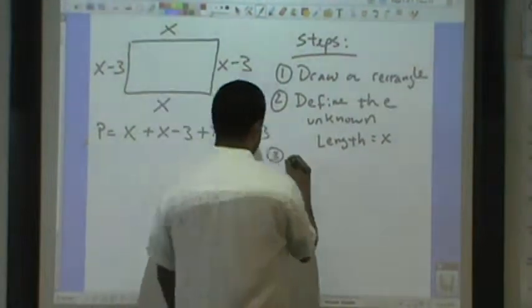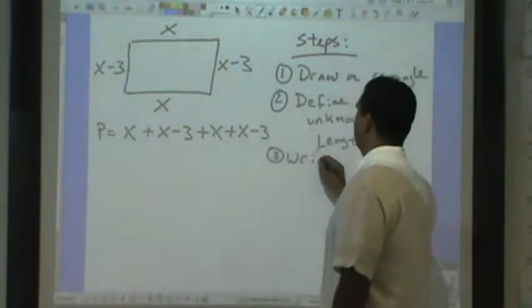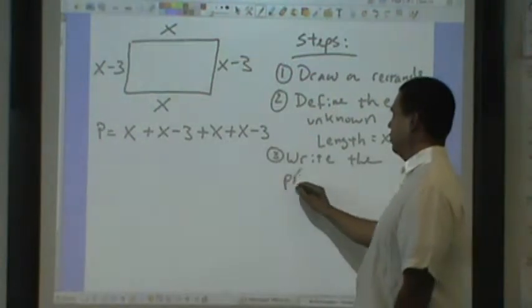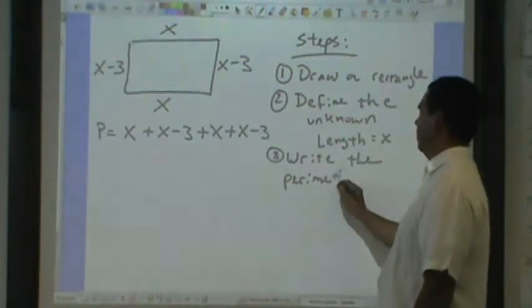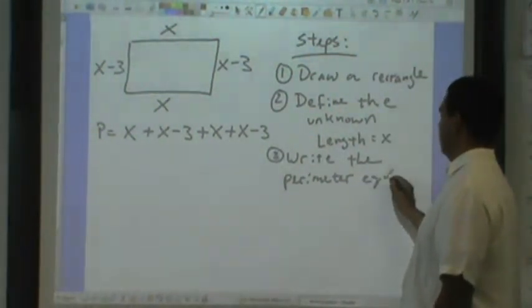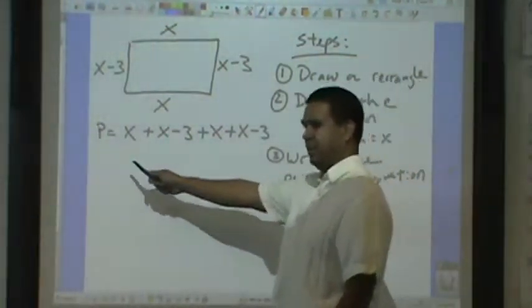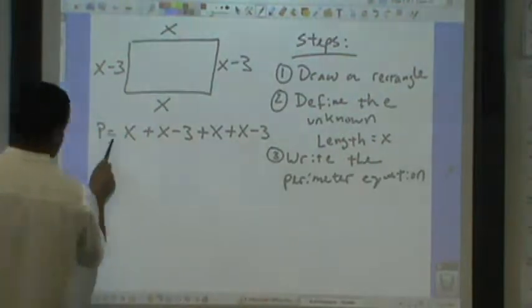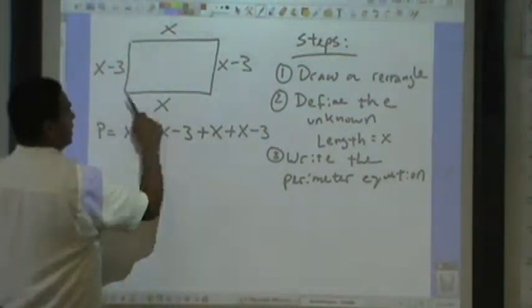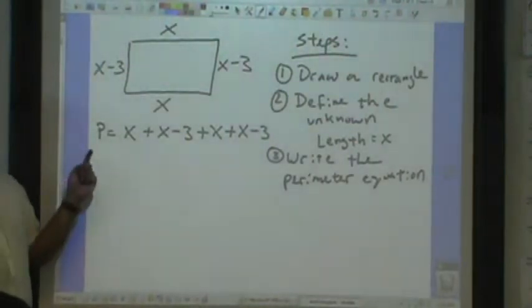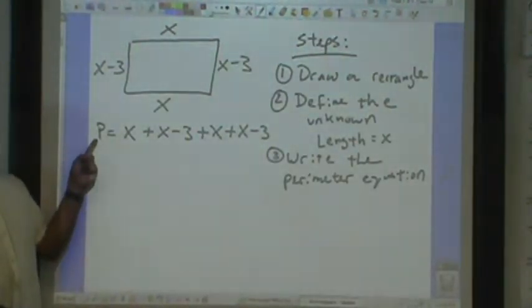So step 3, the perimeter equation. So P for perimeter. The perimeter is equal to adding all the sides together. But then you say, hey, wait a minute, Mr. G, don't we know this?